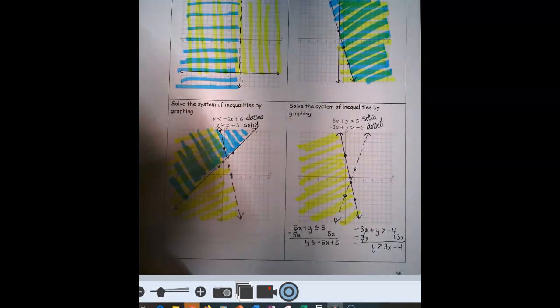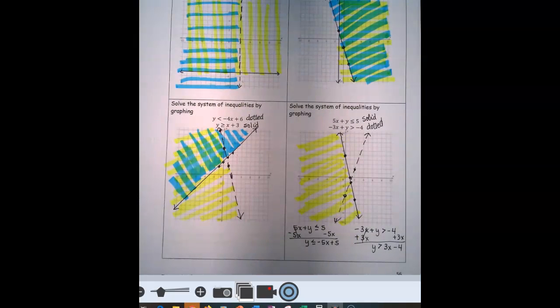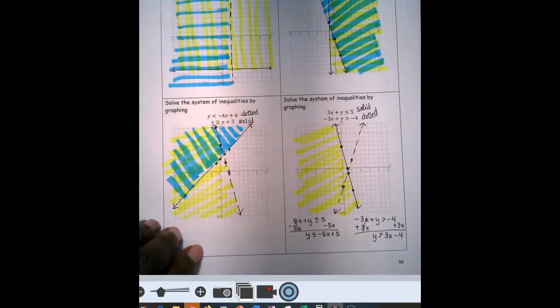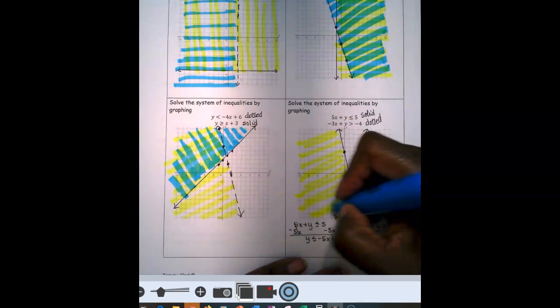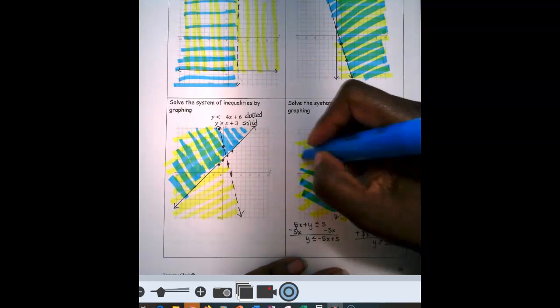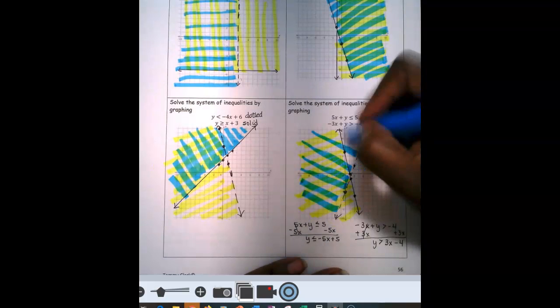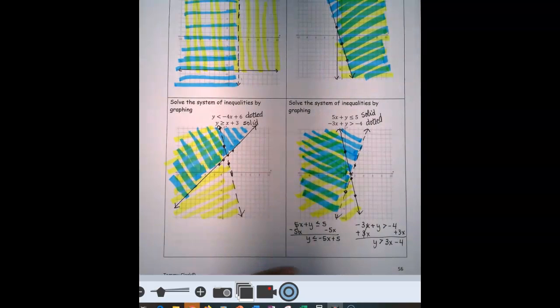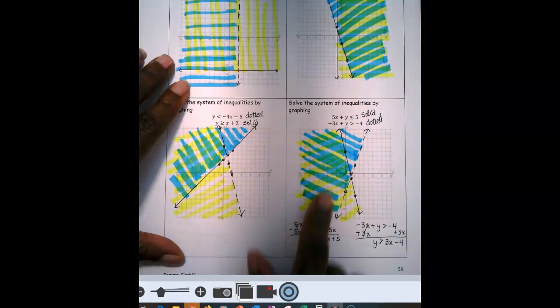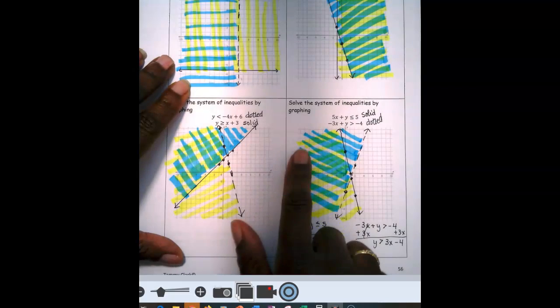And all values of y are greater than this line. So that means that I'm going to shade everything above it. I'm going to shade this one. And sometimes it helps to turn the paper so you can determine what's above and what's below. So again, the answers that qualify as solutions are found in this area right here.